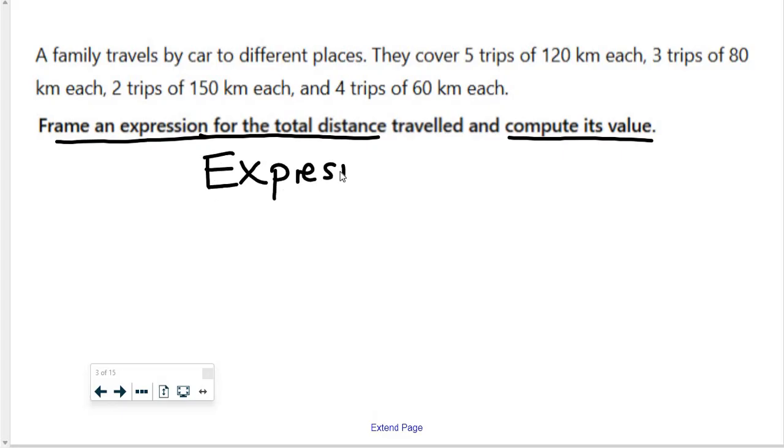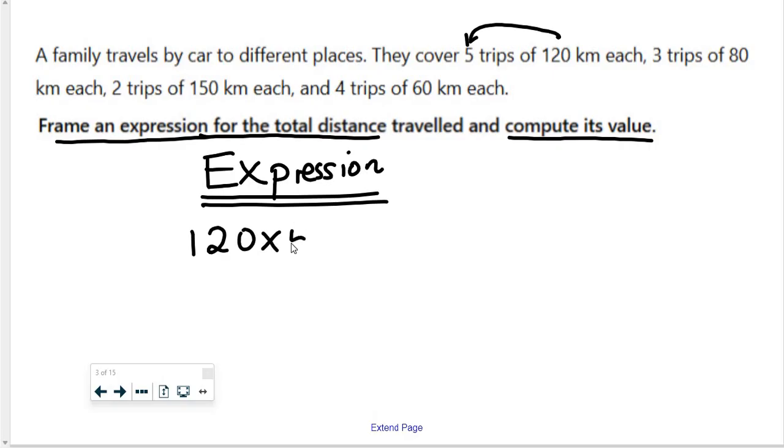This is known as individual and separate expressions for each trip. So for 5 trips, each 120 kilometers, you do 120 into 5. This is the first expression.